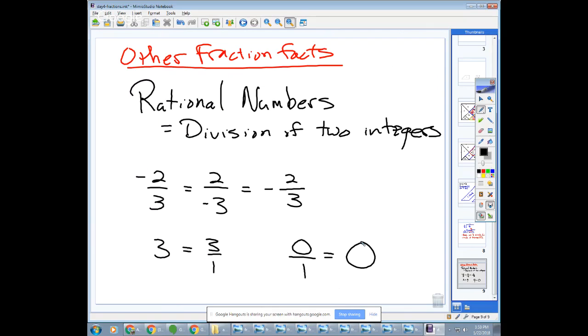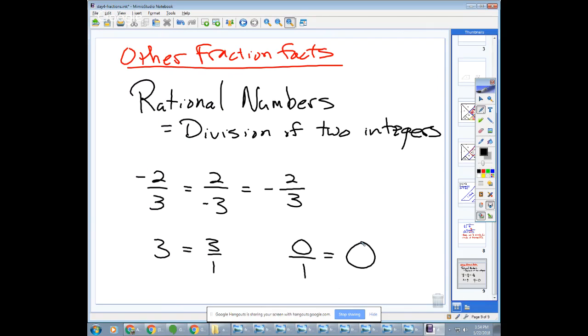So take a second to think, can you think of any numbers that aren't fractions, that aren't rational numbers? Anybody?